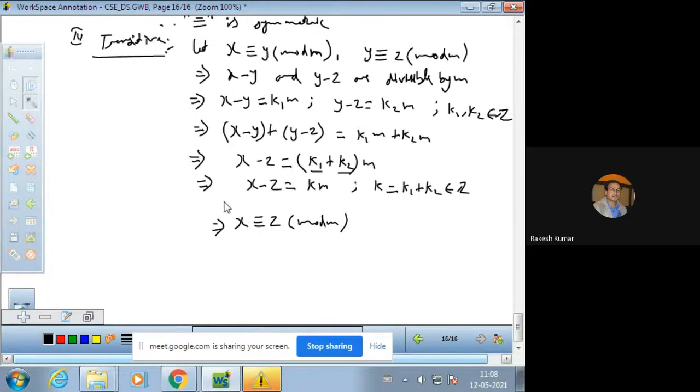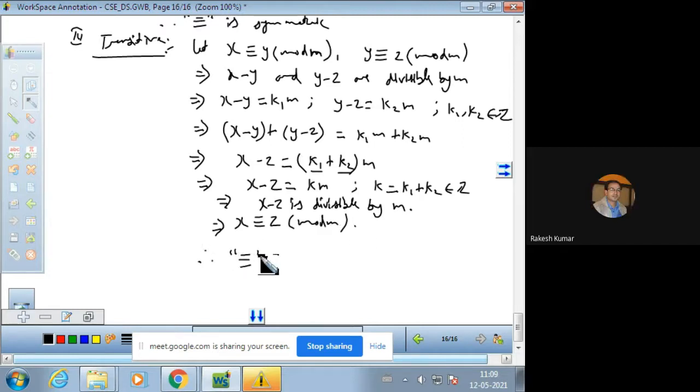And from here we can write down that x minus z is divisible by m, and the quotient we are getting is k. So it means x is congruent to z modulo m.